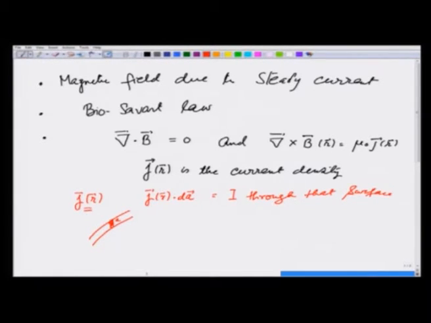Okay, now, what we want to now ask is, how do we use the equations that divergence of B is 0 and curl of B is mu naught J r in calculating the fields.